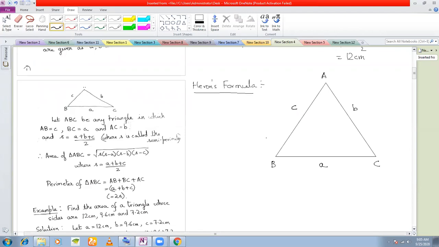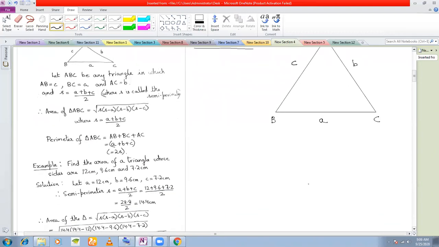So in AB, C is missing, so we give a small c. In BC, capital A is missing, so we give a small a. And in AC, capital B is missing, so we give a small b. So this is the order in which you will take your sides of the triangle.